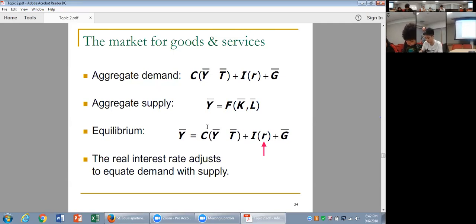The real interest rate is the thing that has to adjust to bring about equilibrium or push the equilibrium to a desired point. It's not that we weren't in equilibrium even in the 2009 crisis. It's just that we didn't like being smaller, right? We wanted to push the equilibrium out.